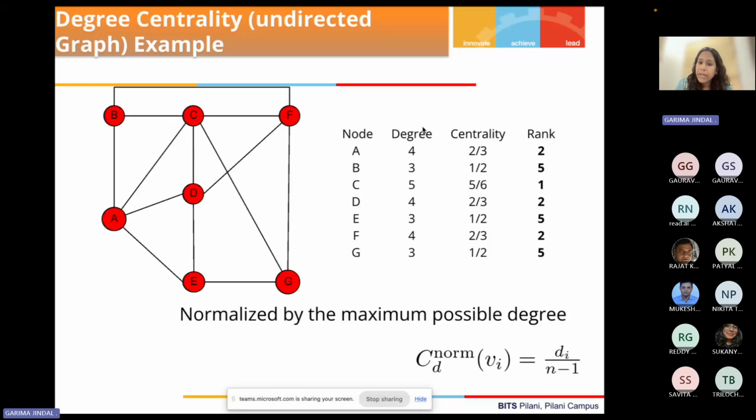We calculate in degree and out degree separately, so you can have separate degree centralities. You divide the out degree by the maximum degree in the network, or you divide the in degree by the maximum degree in the network. I will put the slide up, and seeing that example will make it clearer.